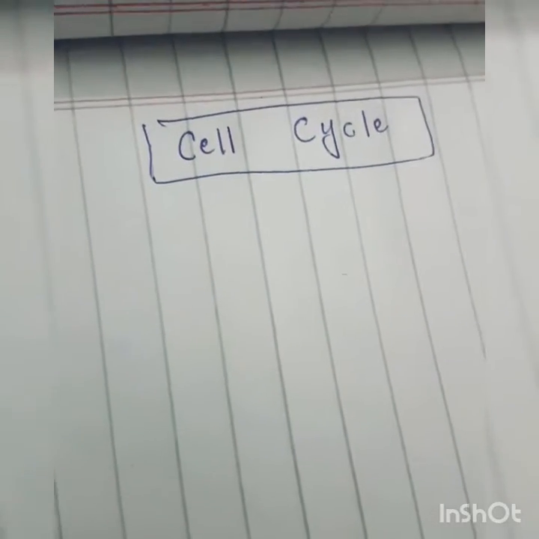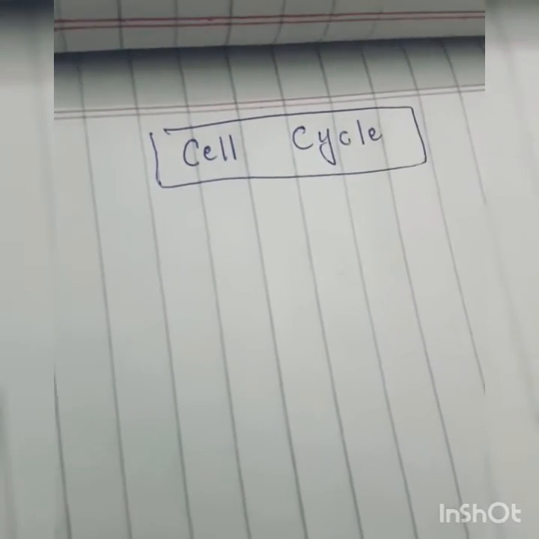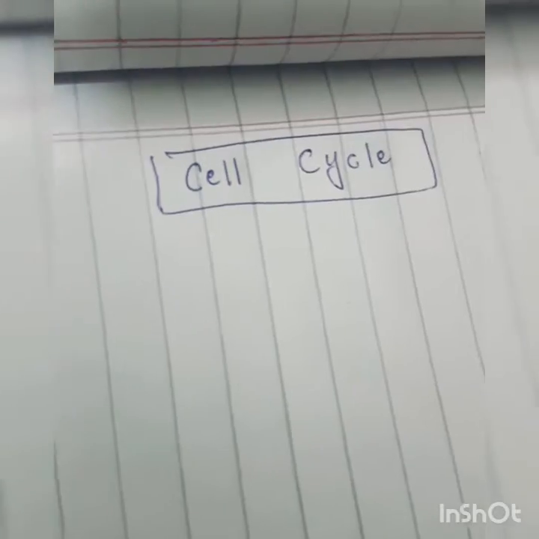What is cell cycle? First, we need to know the concept of cell cycle. For making new cells, cells undergo a sequence of events that's repeated over and over again. It's called cell cycle, right? So we just need to write it. What is cell cycle?